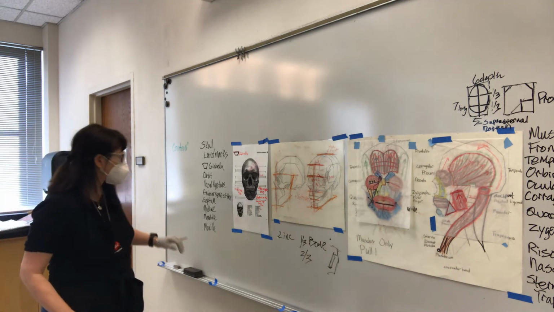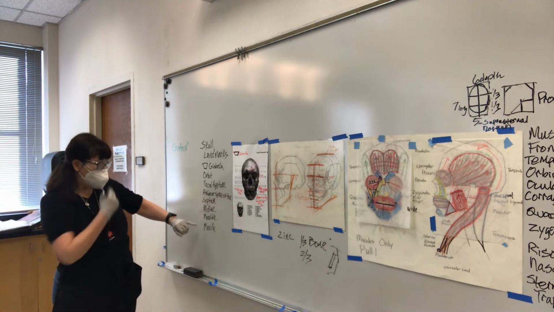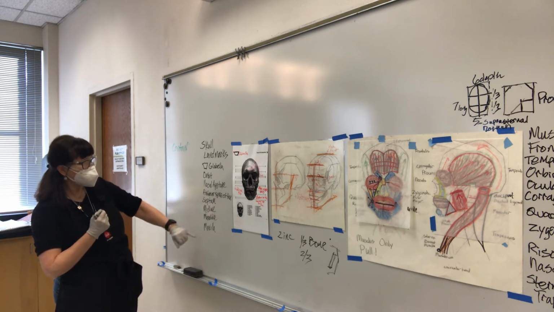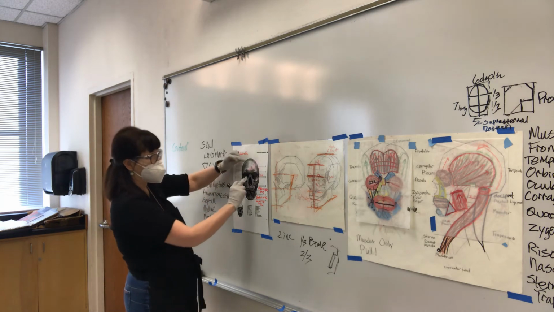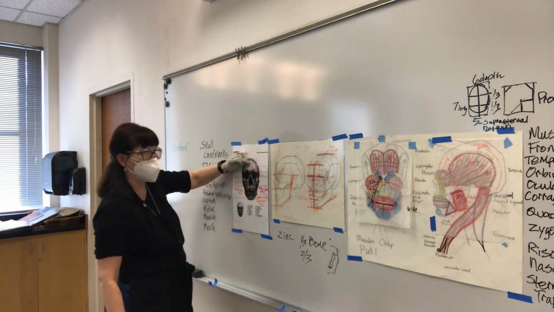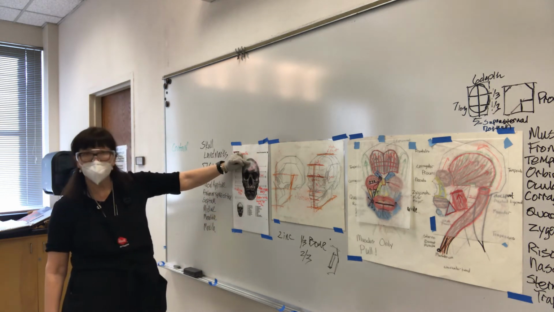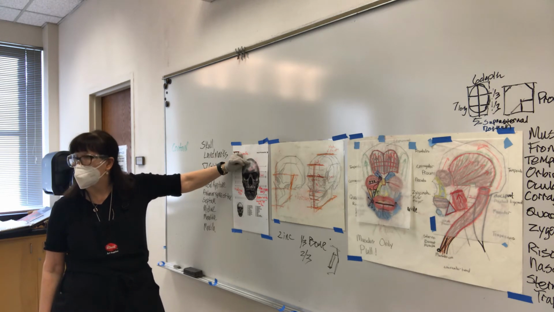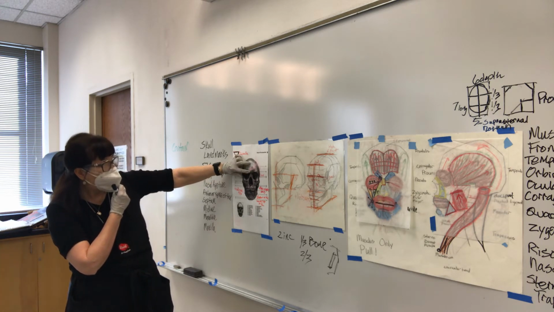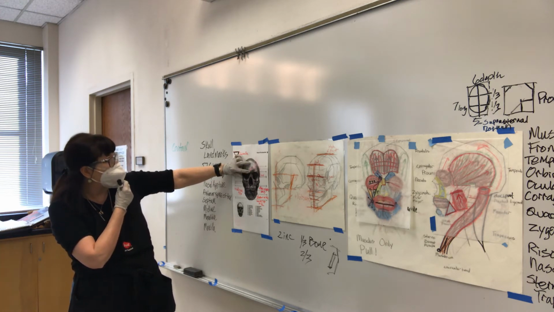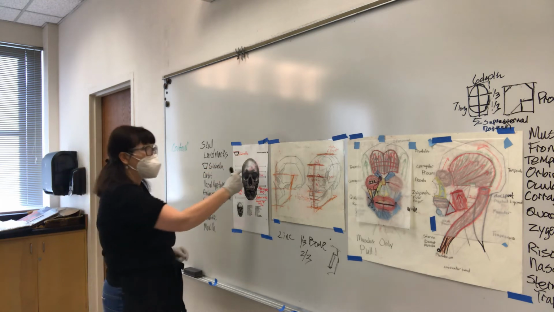All right, next we have, these are all the landmarks that you're going to need to know. Here's some of the proportions again. A third to the widow's peak, right here. Where the hair ends is called the widow's peak. So that's how you take the measurement for the skull to the superciliary arch.